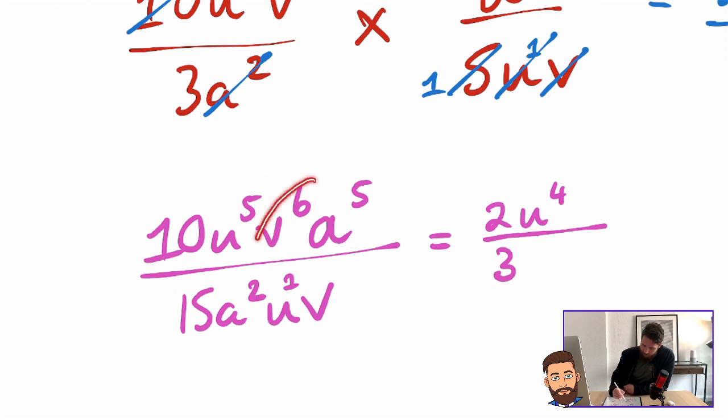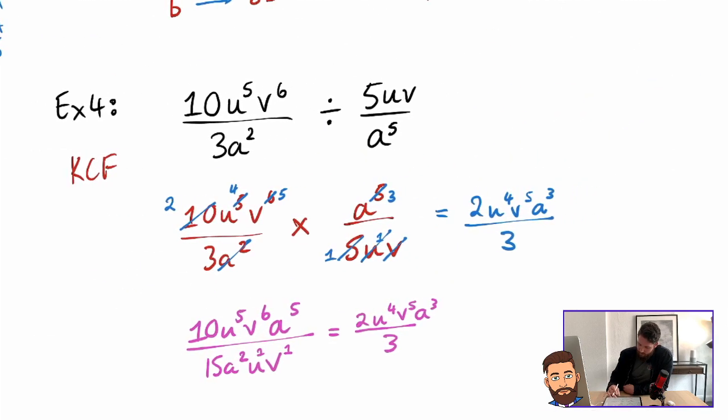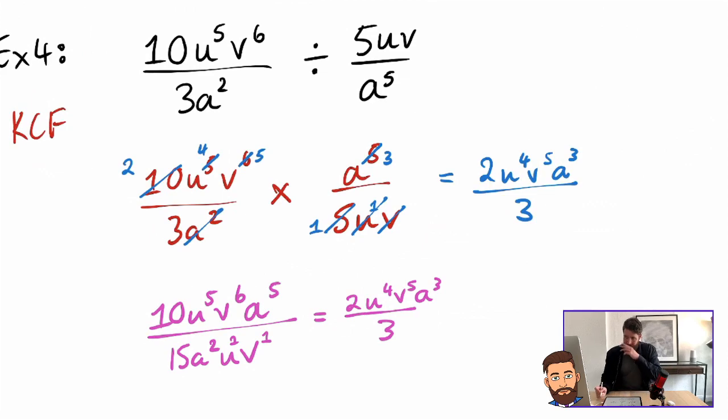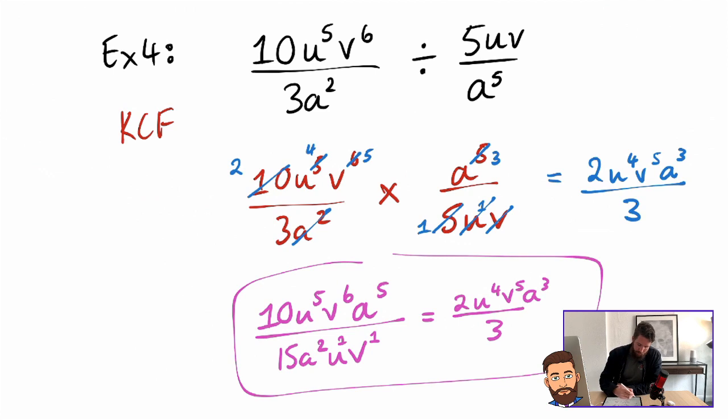You'd have v to the 6 and v to the 1, technically, remember, so taking those away, because the rule says you minus them, would give me v to the 5. And then you've got a to the 2 on the bottom and a to the 5 on top, so 5 minus 2 would be 3, so you'd have a to the 3. And hopefully that is exactly the same answer. So just remember, this pink bit here is just without cross cancelling.